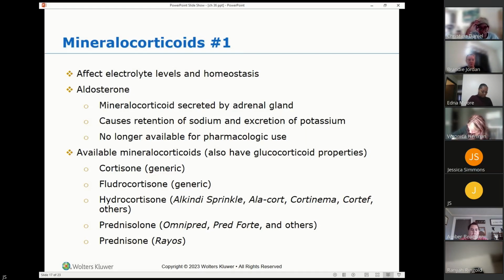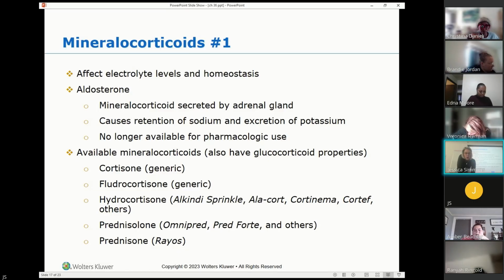If prednisone is a glucocorticoid and also a mineralocorticoid, then that means it not only affects the hormones and the electrolytes, it also affects the immune response. Okay, thank you.